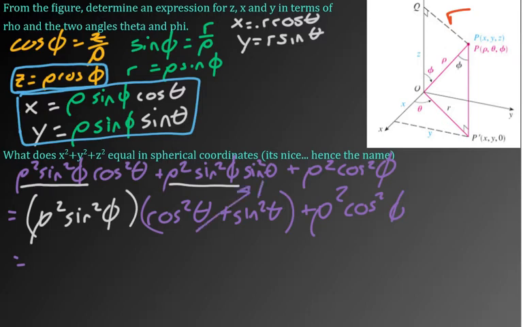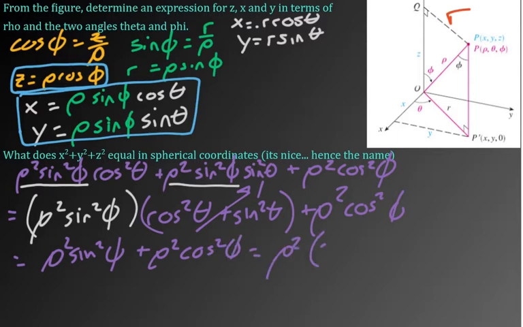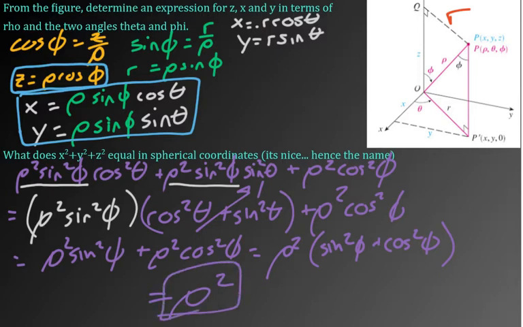So I'm getting rho squared sine squared phi plus rho squared cos squared phi. I'm going to take out rho squared this time, and then I get sine squared plus cosine squared again. Use the trig identity again, and you get rho squared.